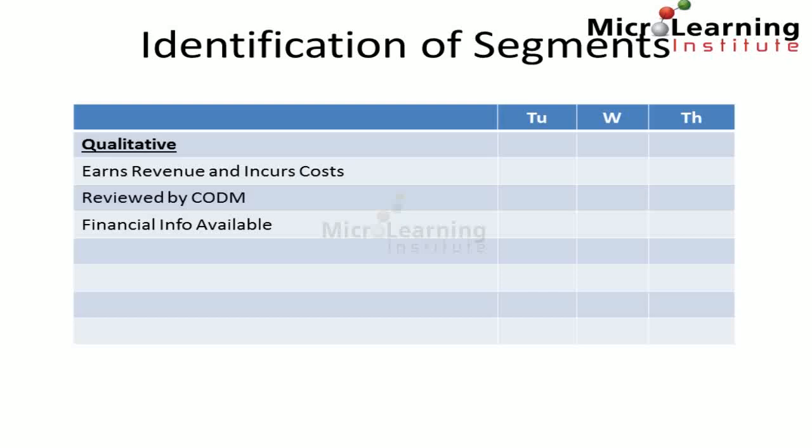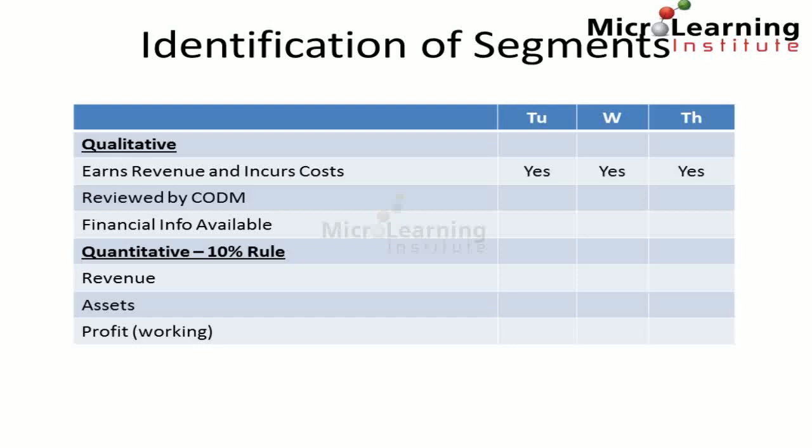And is financial data available for this segment? Other criteria are what are called quantitative criteria. And here we look at some 10% rules. IFRS 8 says that if the revenue, assets or profit of a segment exceed 10% of the overall revenue, assets or profit of the overall organization, then that segment is a reportable segment.